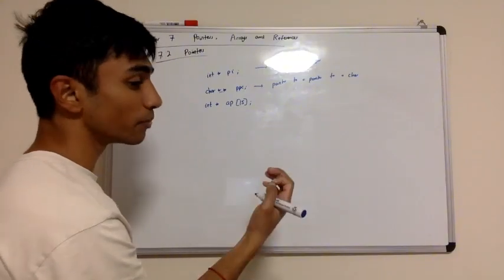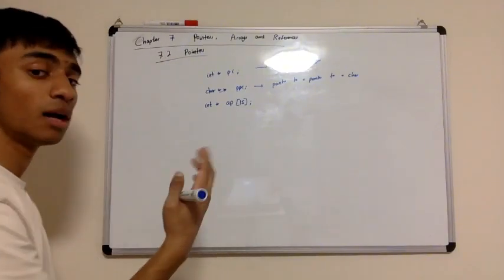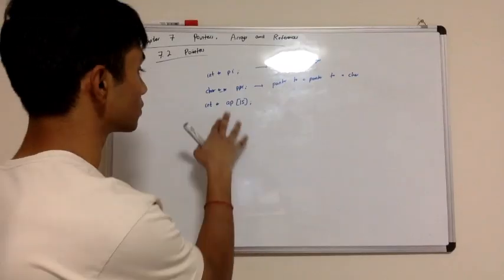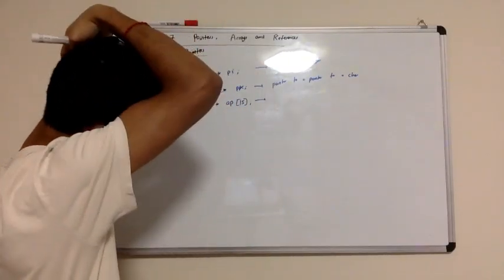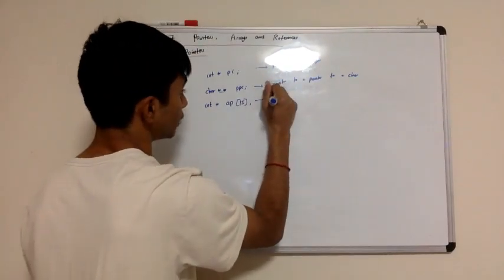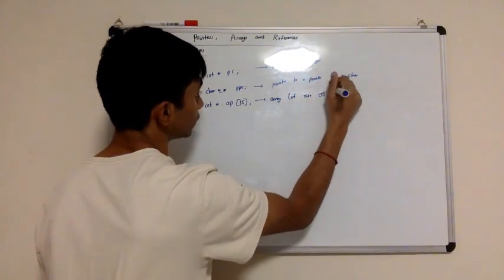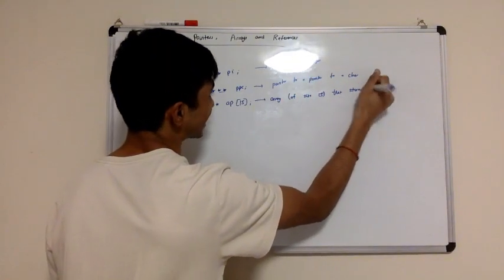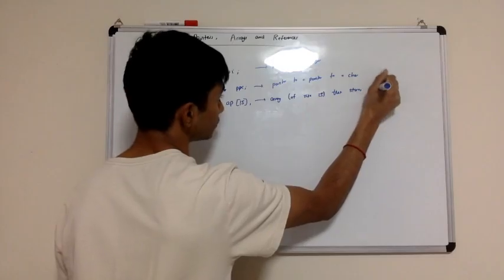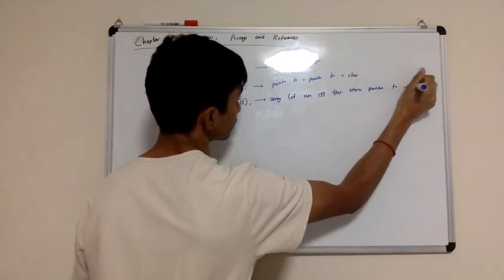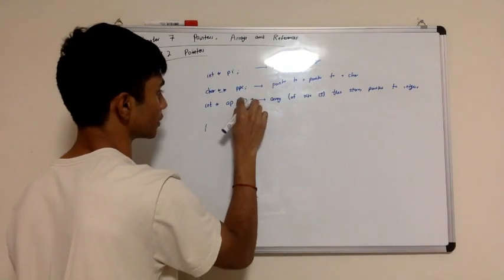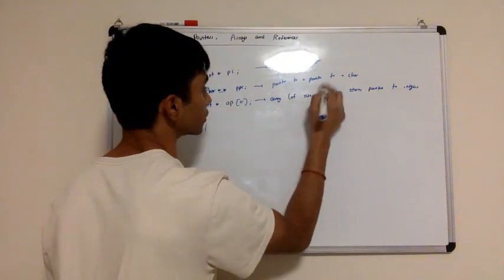A rule from there is postfix operators come before prefix operators. So applying that to this, what this is saying is we have an array of size 15 that stores pointers to integers. I'll change it to 3 or 5 just to make my life easier.